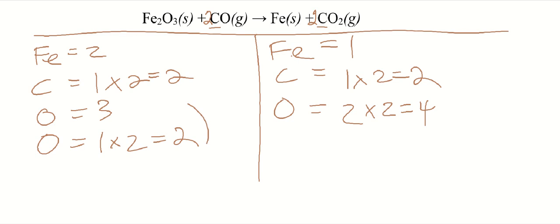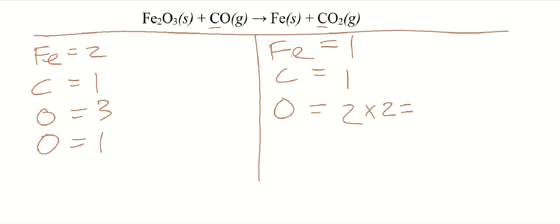This is 5. We need to get this to be an even number, so let's just turn that into a 3. Ping pong. Sometimes you've got to do trial and error. All right, let's try 3.